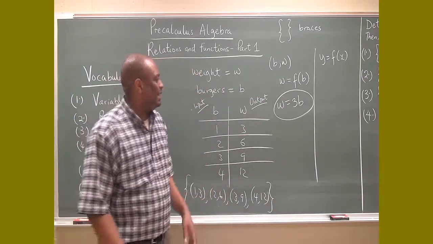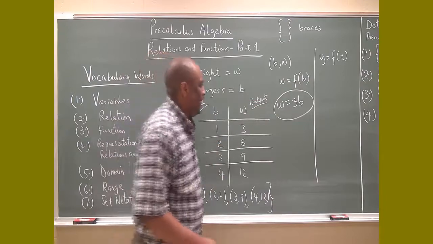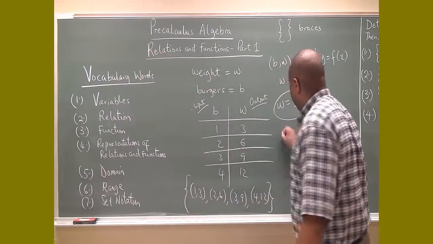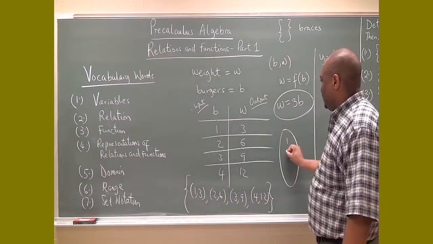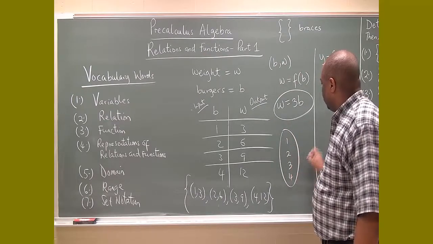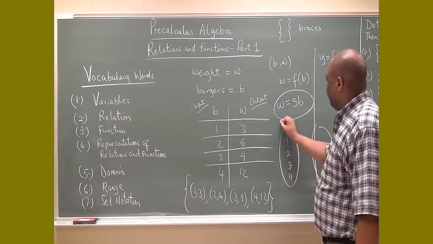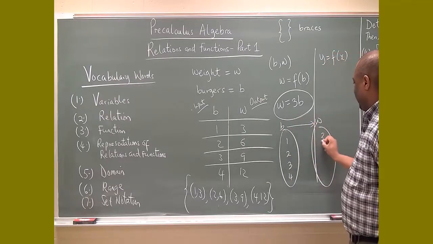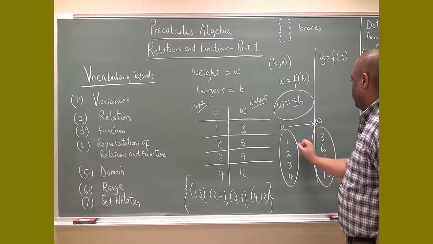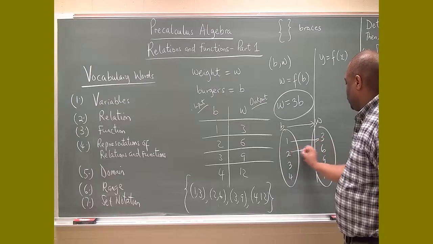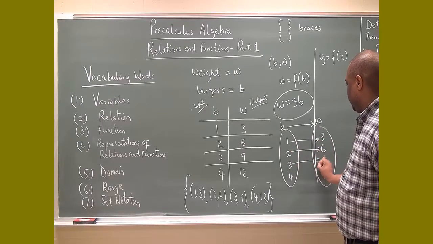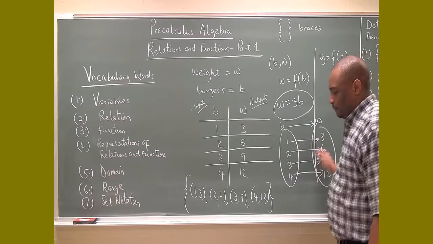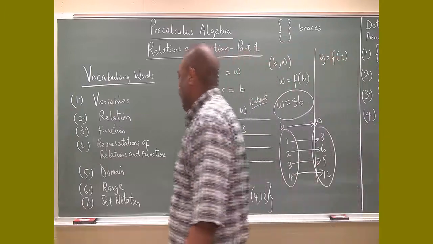You can also represent it as a mapping or correspondence, whereby this is the B, this is the W: 3, 6, 9, 12. Map 1 to 3, map 2 to 6, map 3 to 9, map 4 to 12. You can represent it as a mapping.